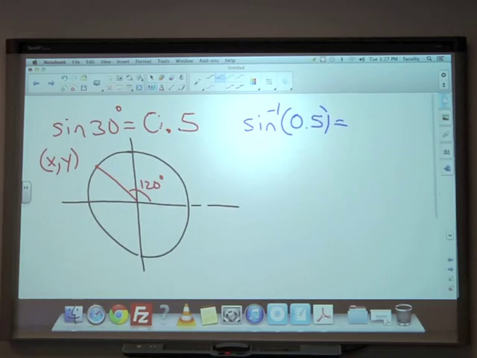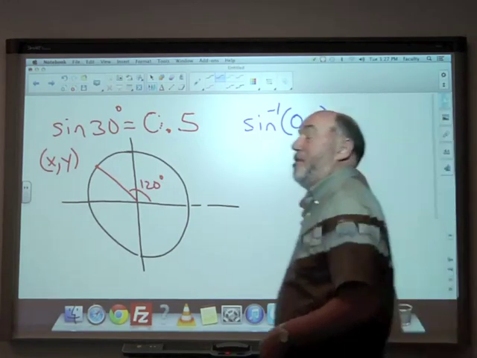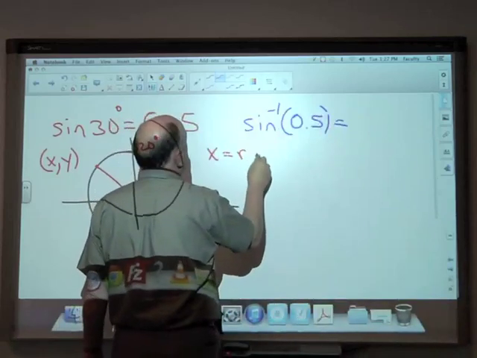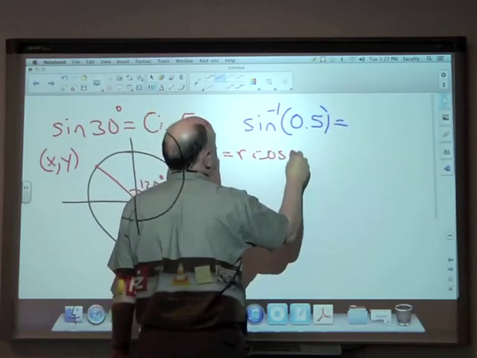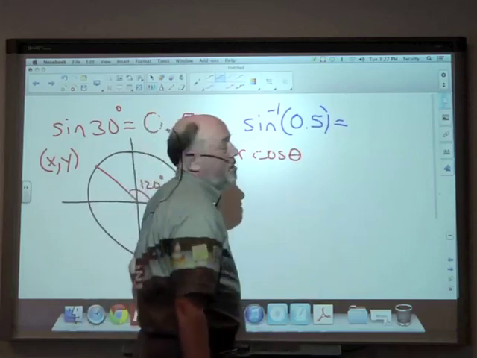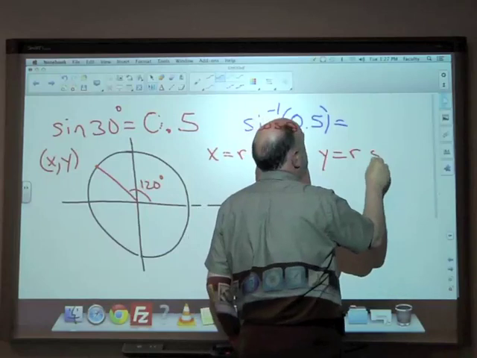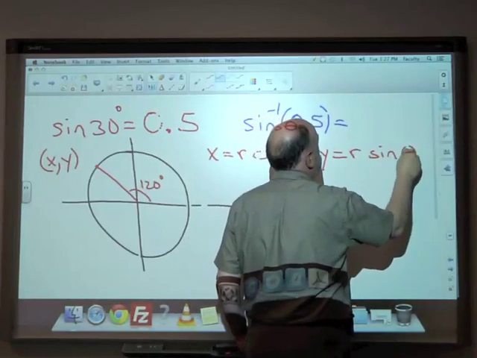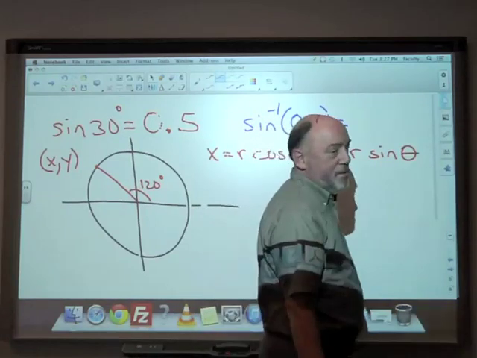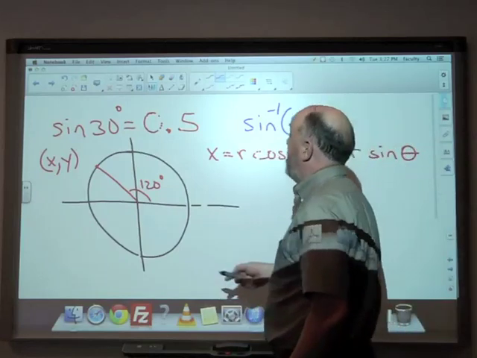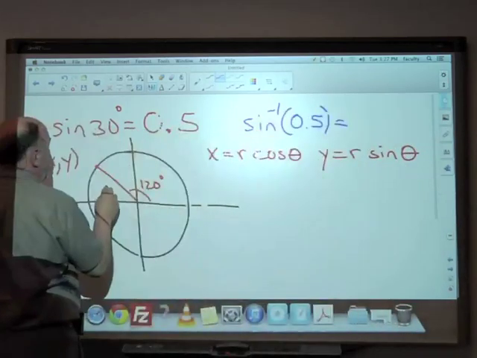Well, the way I do this, the x-coordinate will be given by r cosine theta. The y-coordinate will be given by r sine theta. Let's say my radius here is going to be 10.